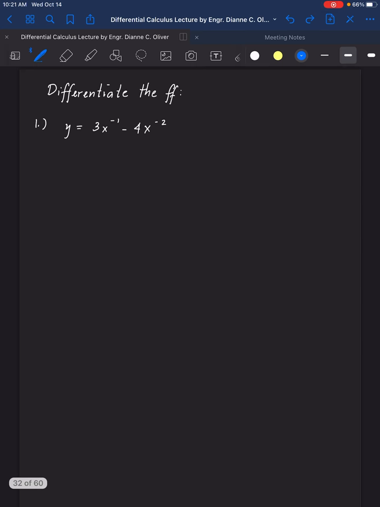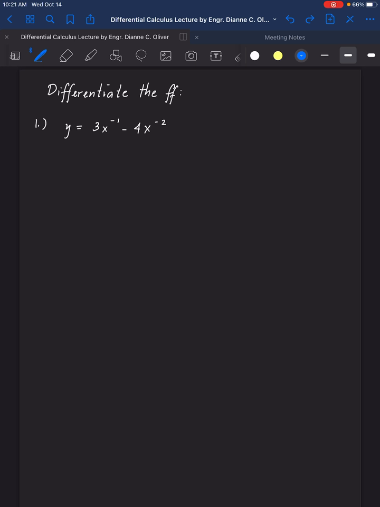So for number 1, the instruction there is differentiate the following. Okay, so let's differentiate number 1, y is equal to 3x raised to negative 1 minus 4x raised to negative 2.